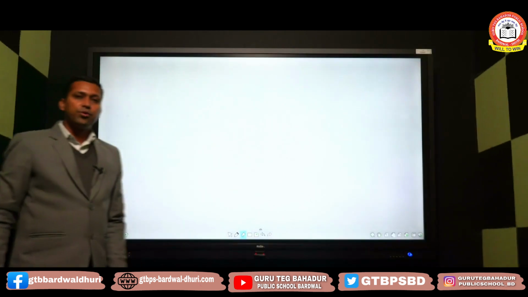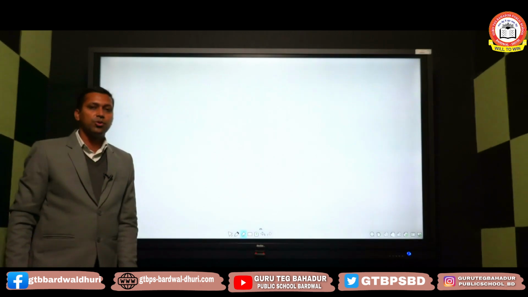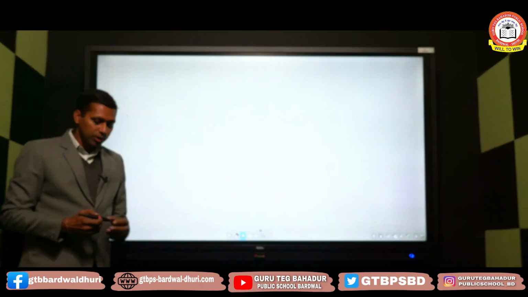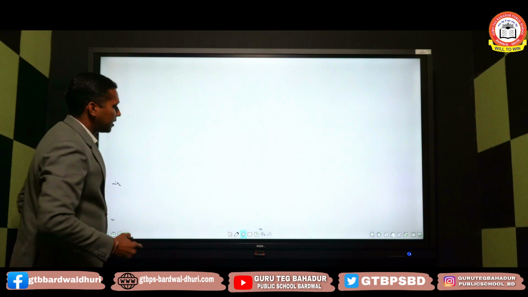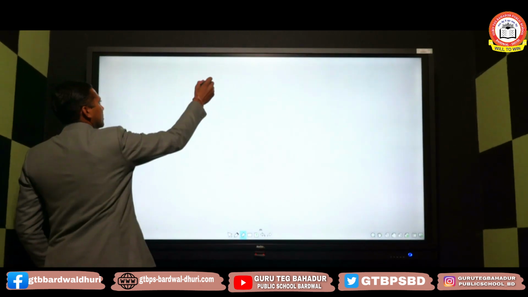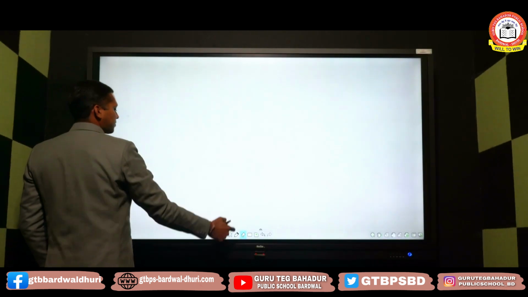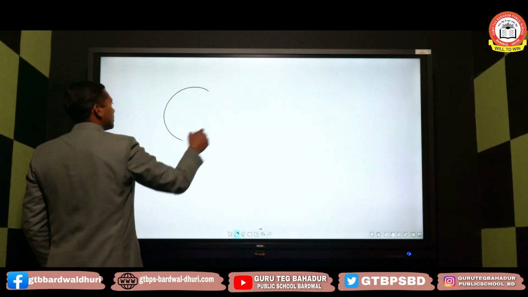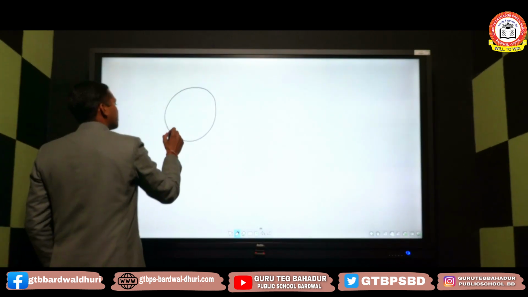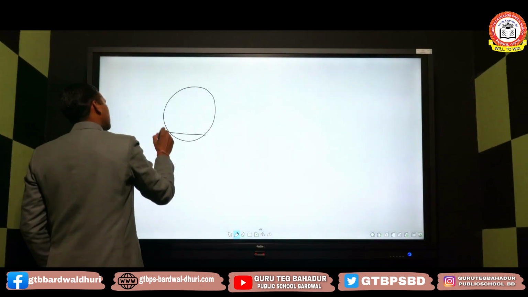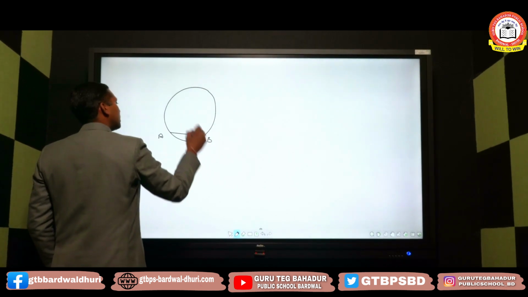Now let's continue with some theorems related to the chapter circle. The first theorem is the angle subtended by a chord at the center.